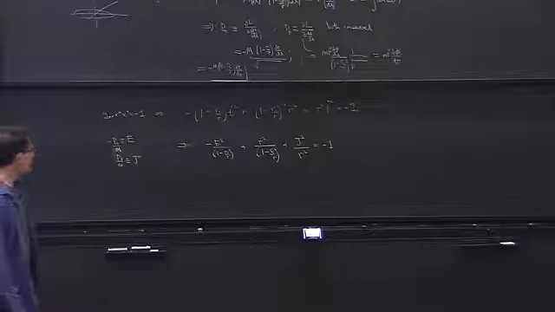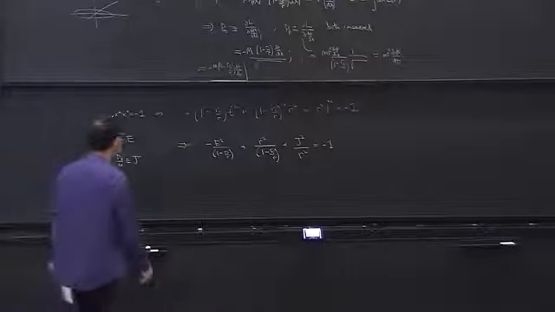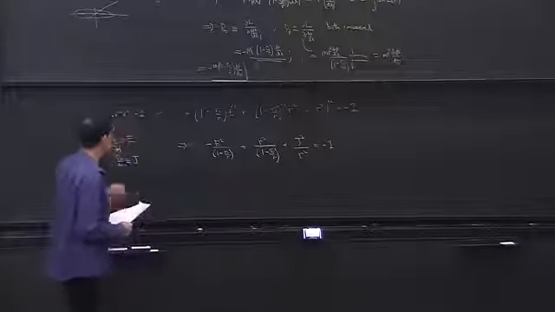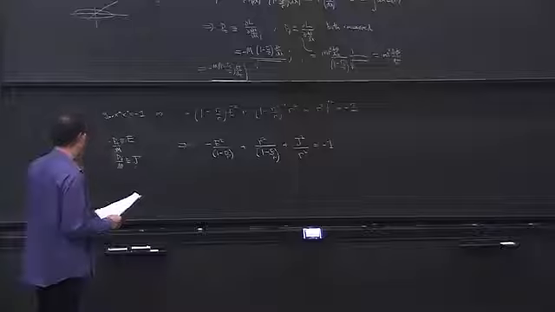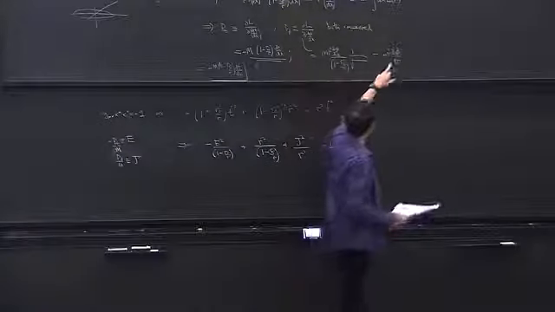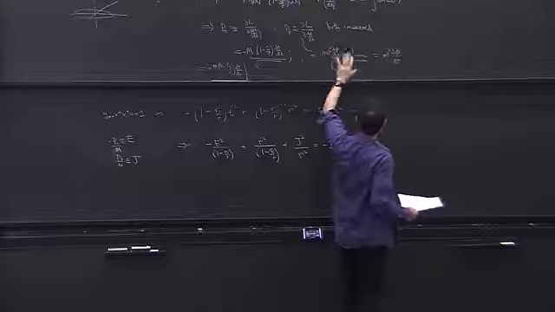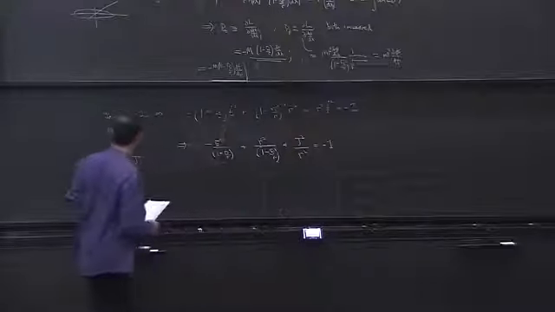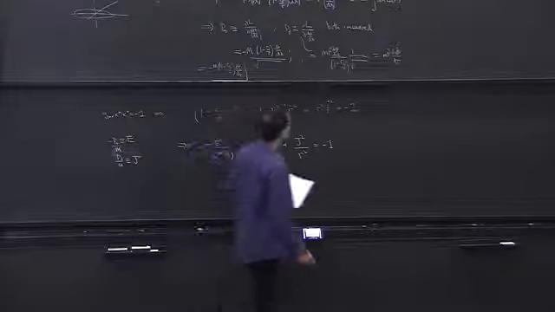Okay, so I've now got a first order ordinary differential equation to solve for r of tau. And phi of tau is going to be given by plugging in the solution for r of tau into this equation.